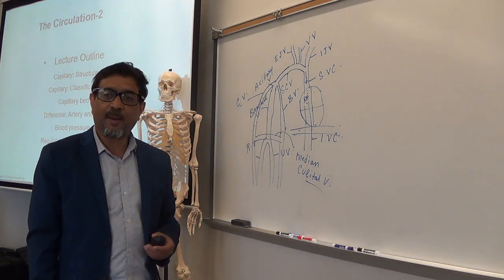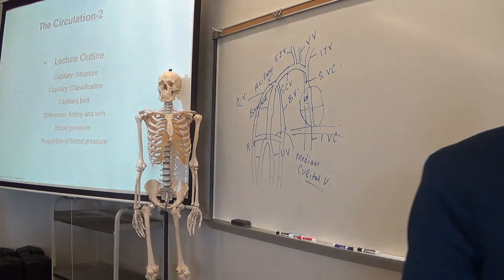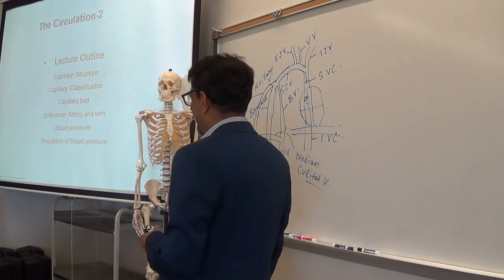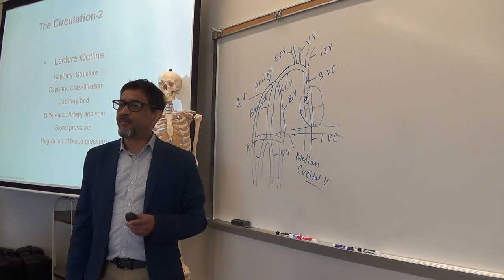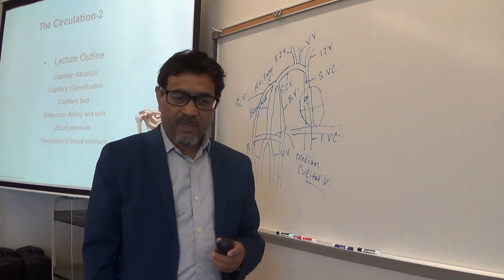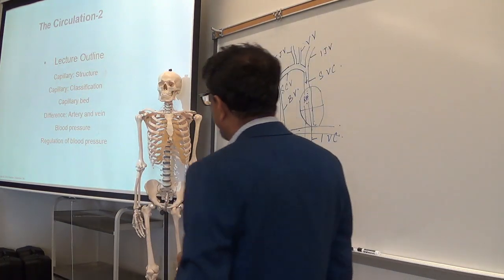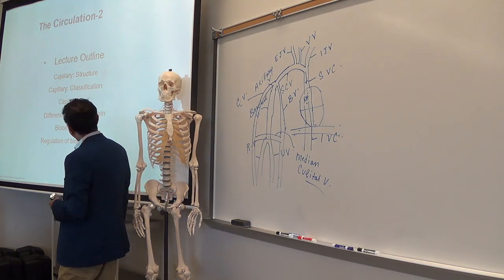Through the wall of the capillaries, exchange of gases, nutrients, metabolic wastes and other chemicals take place. And capillary wall is extremely thin, which allows the chemicals easily cross or pass through the wall.